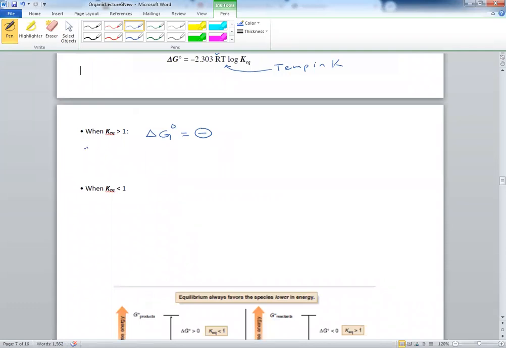that the reaction will release more energy than it will consume.